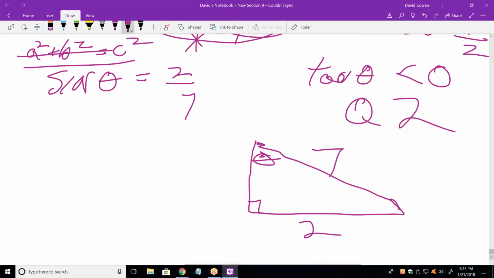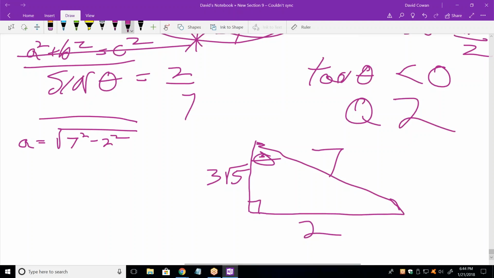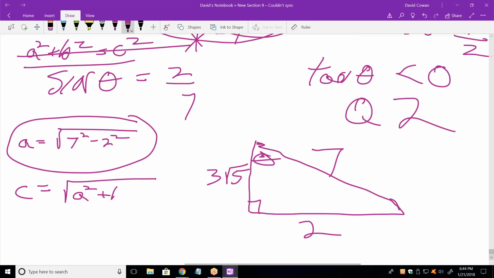Since you do this so much, it's helpful to be able to immediately say that the other short side, and we can call it a or b, is, all of them start out with the square root. In other words, I want to go directly to that. If I'm solving for the hypotenuse, it's the square root of a squared plus b squared.